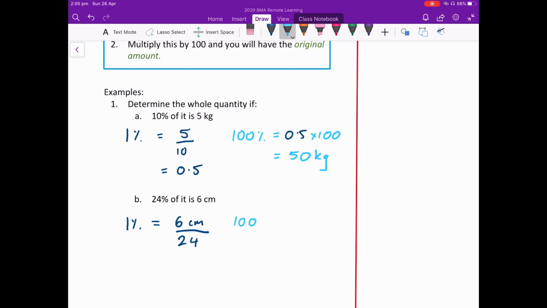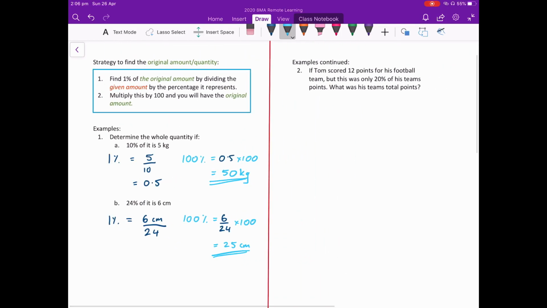Now, we want 100%, so if I were to keep this fraction as is, 6 over 24, I'm going to multiply that by 100. So I can put this into my calculator, which I'm doing right now, and you'll get an answer of 25 centimeters. That is what 100% is. So in that first example, we had 50 kilograms as the original amount or quantity, and in the second one, we had 25 centimeters as the original amount or quantity.